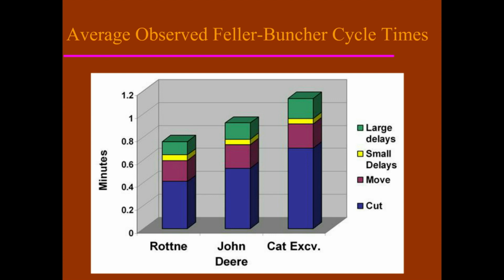The other thing we do is recognize that there are different productive capacities for different machines, and they perform differently. Here are some examples that we have for the 3 machines that we saw earlier, and they process trees at different rates.